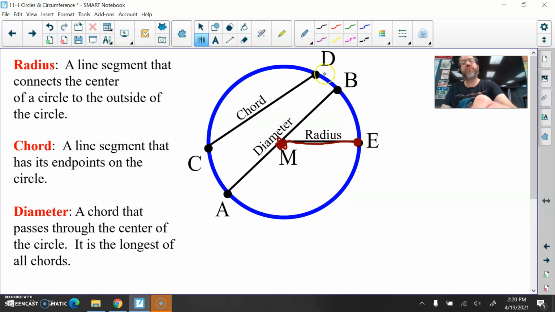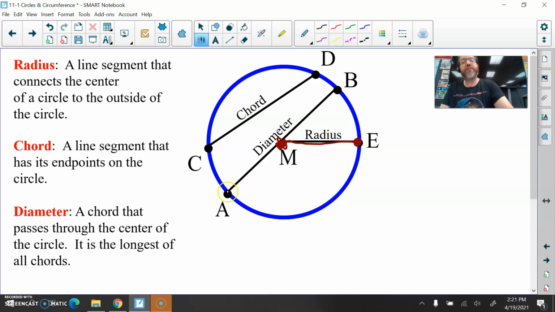That dog can run around with the chain pulled at full length all the way around that point where the stake is pounded in the ground, and it's going to leave a path. Like if there were snow on the ground, it would leave a path that's a perfect circle, because this circle is all just a collection of points that are that same distance away from that center point. And this measurement here is the radius, okay?